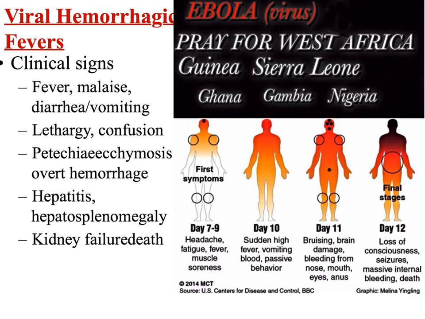So the clinical signs of hemorrhagic fever start in a kind of nondescript way, and then they pretty rapidly progress. People will have fever, they'll be exhibiting malaise, diarrhea, vomiting, headache is another big one.